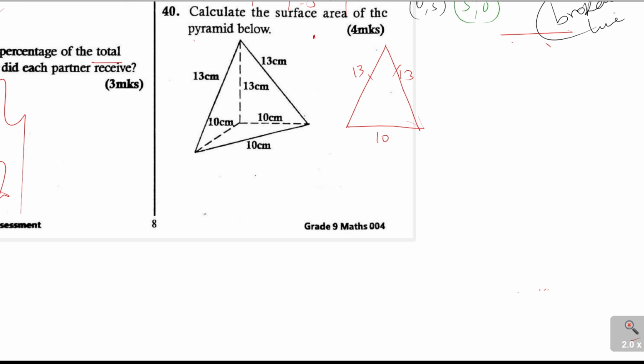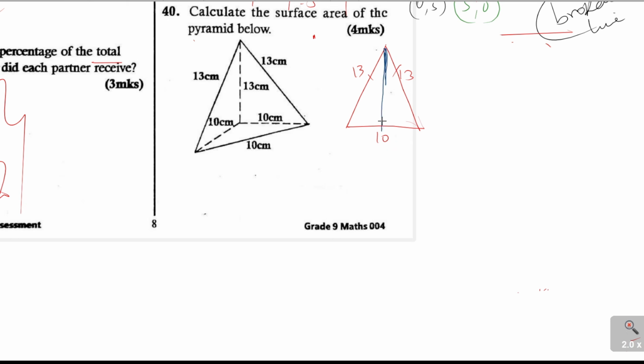So once I get one area of such, I just need to multiply by 3 because they are similar. So if I get the area of this triangle that you can see here, measuring 13 by 13 and 10, it is isosceles, I simply multiply by 3 to get the total of the 3. Because I have to use this formula, half base times height, that is what I want to use.